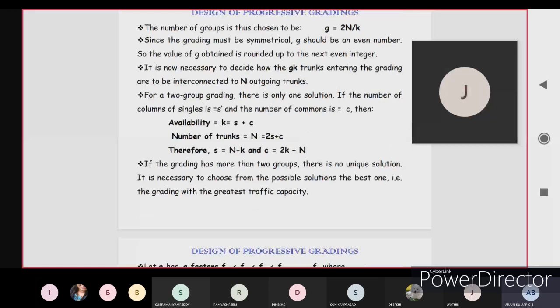We won't get a unique solution; we get different solutions, and from them we choose the best one for the grading, which should give the greatest traffic capacity. Traffic capacity means that during the busy hour those lines should be used, so you should minimize the lost calls.